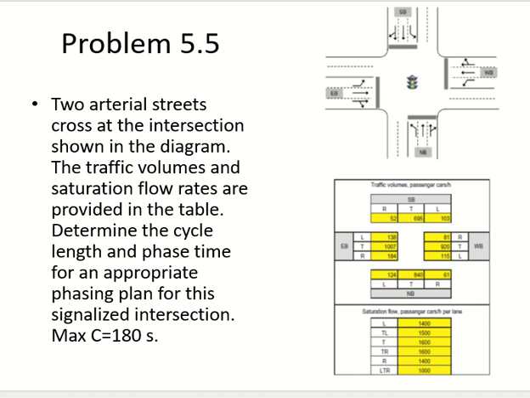For example, I have to decide about this left turning. I'll take the product of 138 and 920. How many lanes do I have? 2 lanes for this movement.